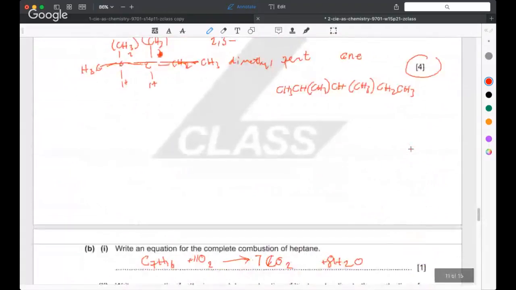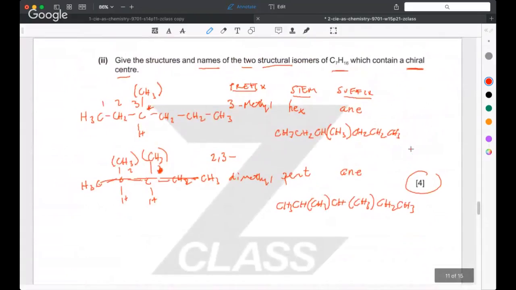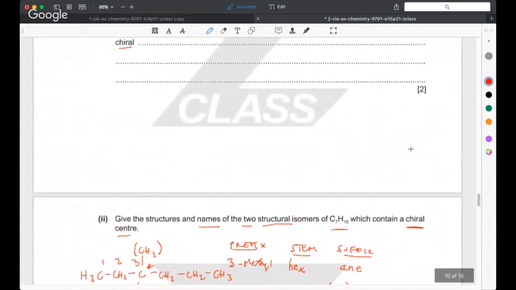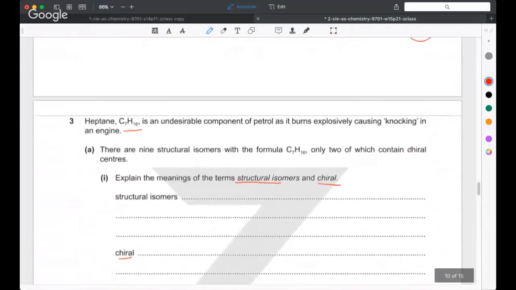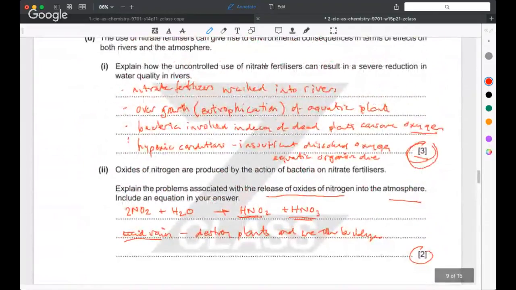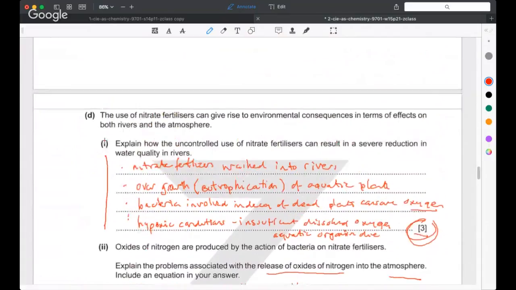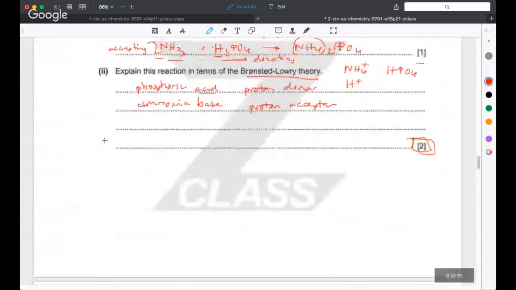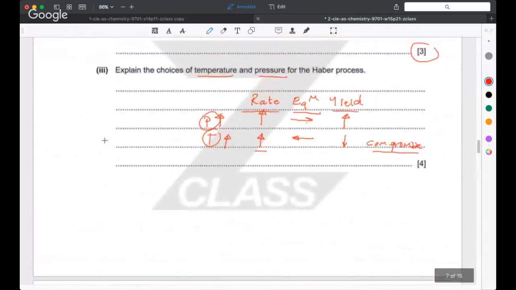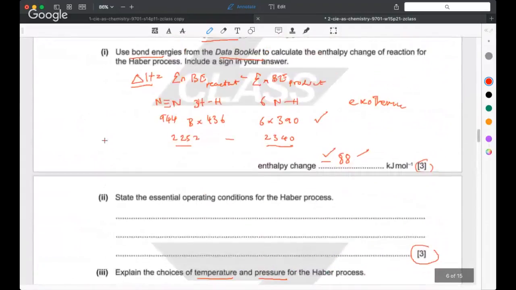All this was done quite well. Naming is good, writing out the structural formulae, that's quite good. Definitions you just have to learn. When you're writing your descriptions here, use some bullet points. Make sure you're getting your 3 points there with your 3 or 4 bullet points. This was all quite well done. All done quite well.